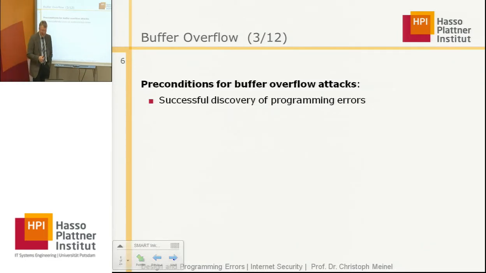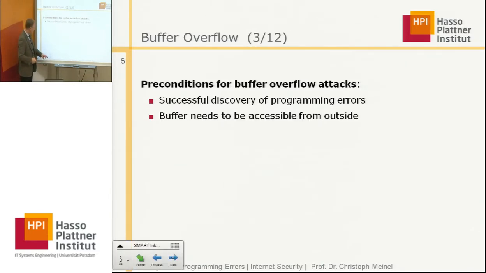First, he needs to discover this programming error. He needs to find out in which place in the program there is a mistake that makes it possible to put in longer data than the reserved space. Then, of course, the buffer the attacker wants to overwrite needs to be accessible from outside.